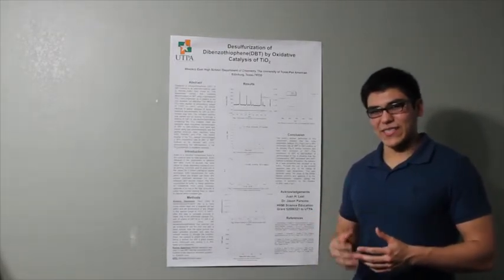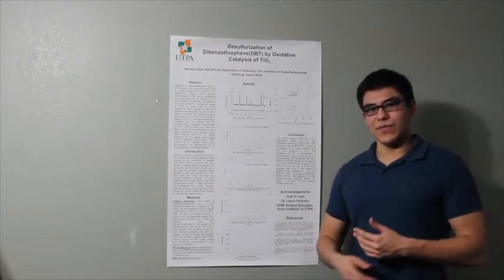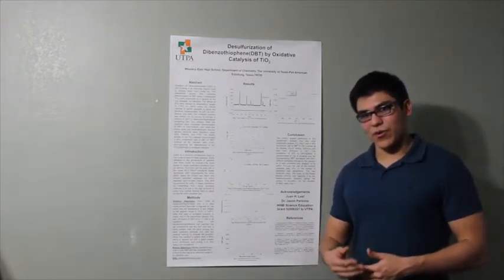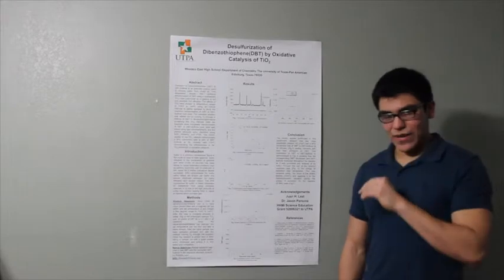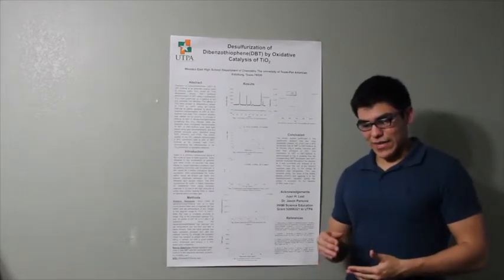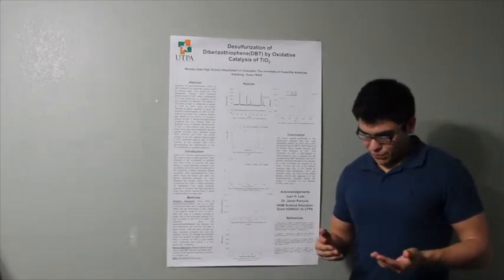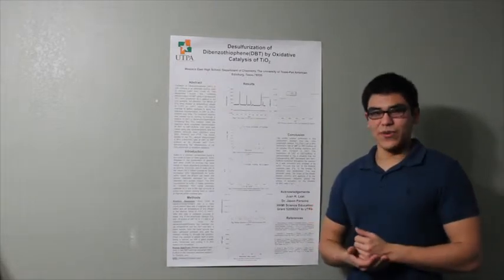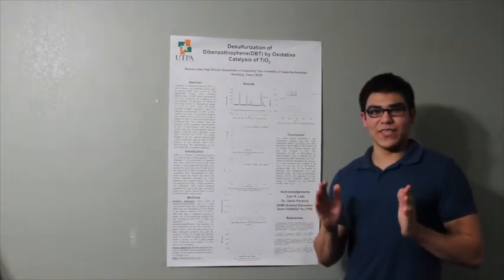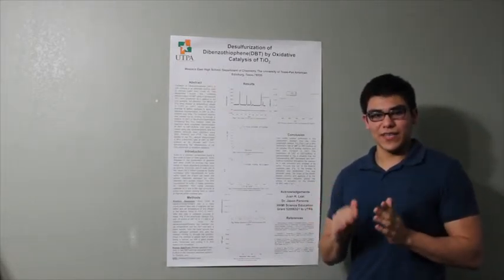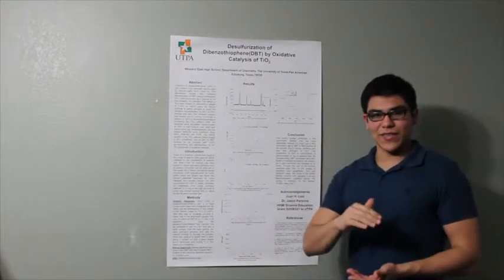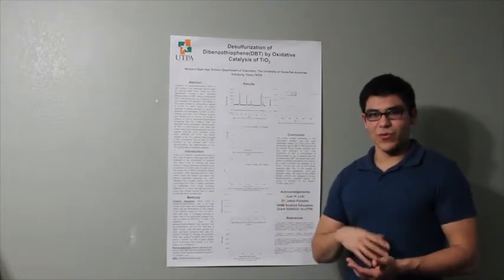Now, oxidative catalysis is a method that has been becoming more prominent over the years. Over the past 5 years, it has been surging, because oxidative catalysis cuts down reaction times, cuts down energy of activation, and is overall more efficient.